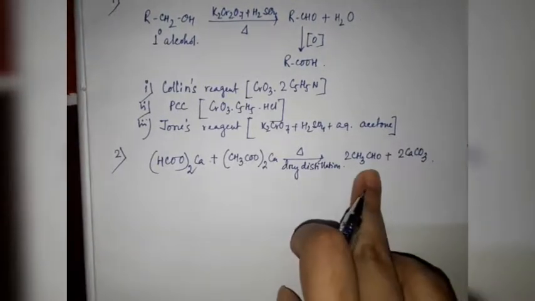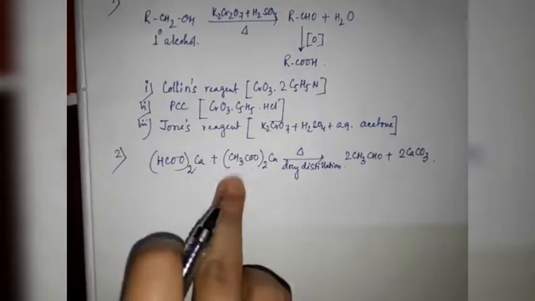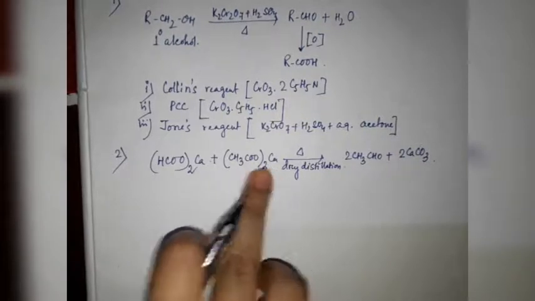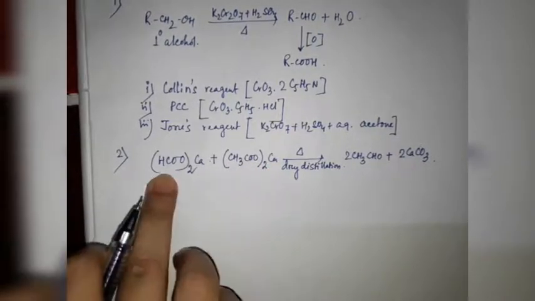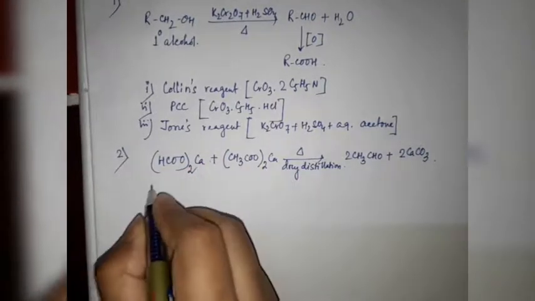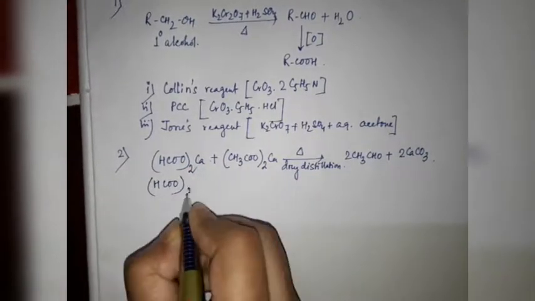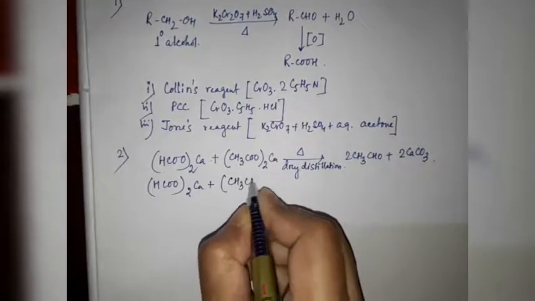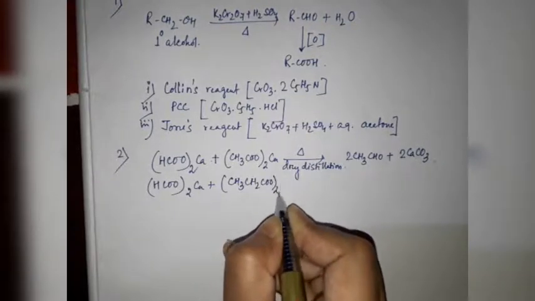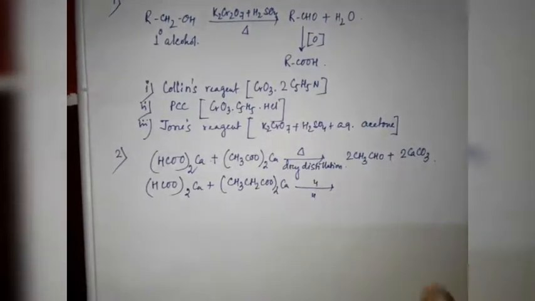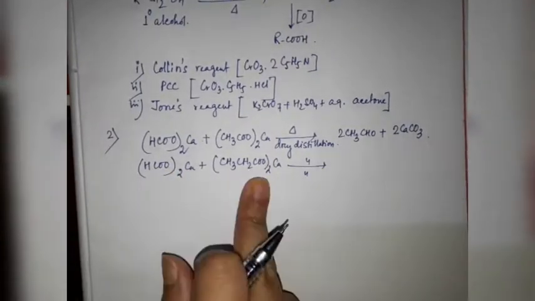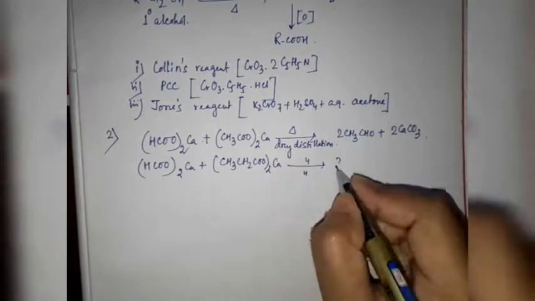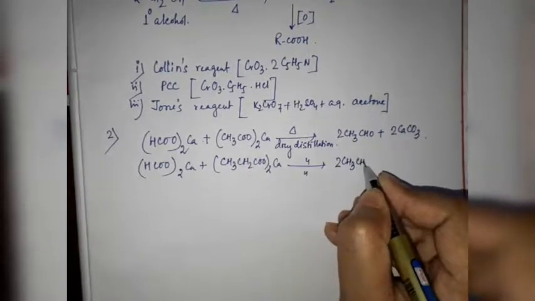Which kind of aldehyde will be produced by this reaction will be determined by the carboxylic acid salt which you have taken along with this calcium formate. For example, if you take calcium propionate, with the same reaction condition, and they are taken in 1:1 molar ratio, from this one we are getting our aldehyde, so we will get propanaldehyde, right?